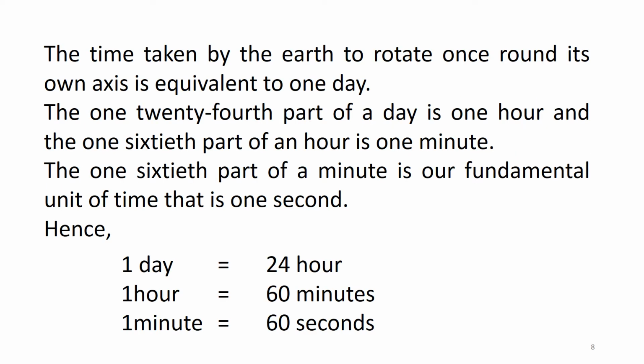The time taken by the earth to rotate once round its own axis is equivalent to 1 day. তোমরা এটা জানো সবাই, এটা তোমরা লাস্ট ইয়ারে পড়েছিলে ক্লাস 5-এ। The 1/24th part of a day is 1 hour and the 1/60th part of an hour is 1 minute. এটা তো আমরা সবাই জানি। The 1/60th part of a minute is our fundamental unit of time, that is 1 second.